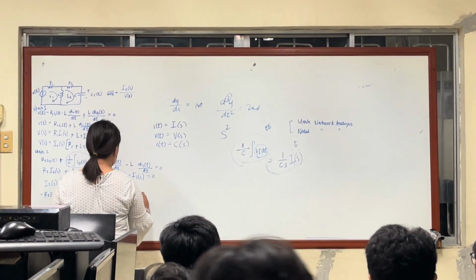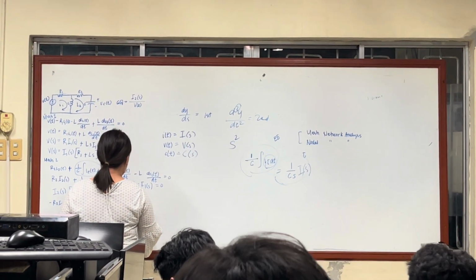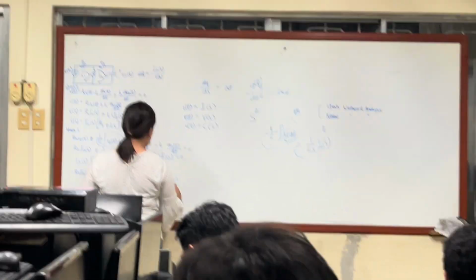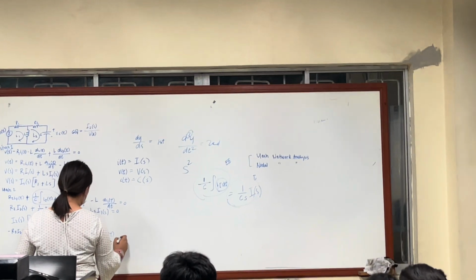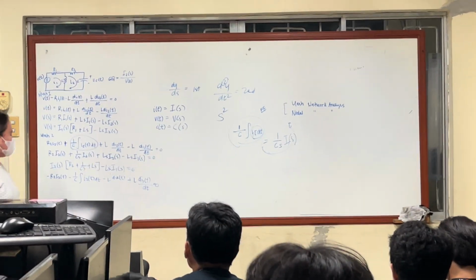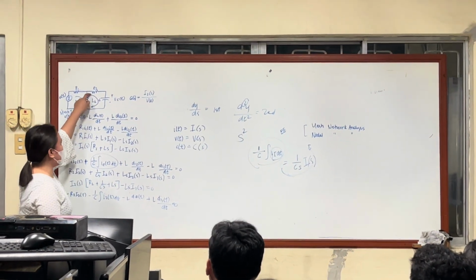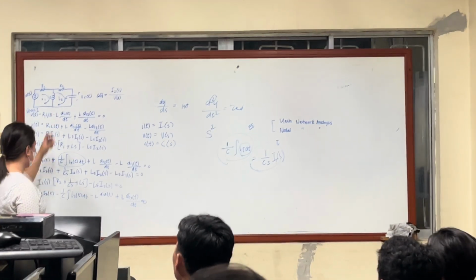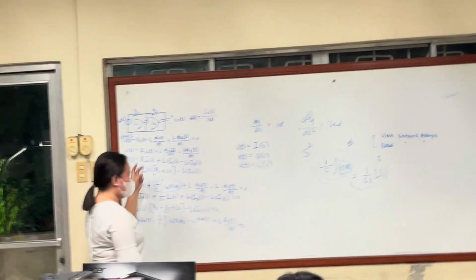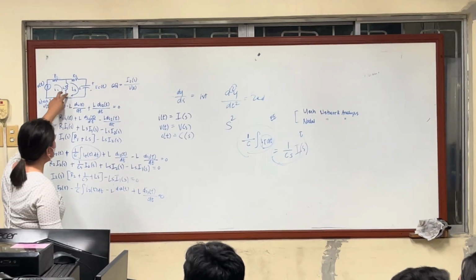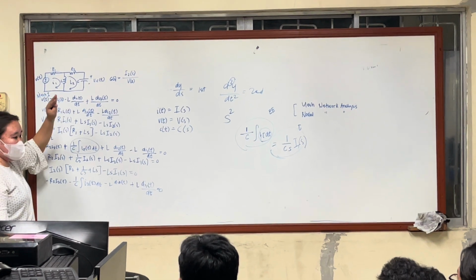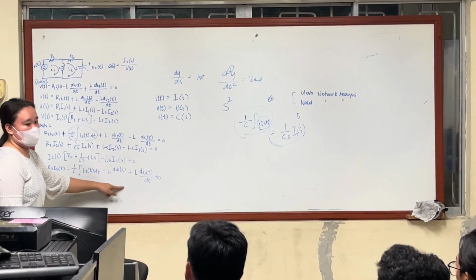Plus L dI1 of T over dT. If you start here, it is minus, because the directions are opposite. Okay, another mesh. If you start here, as is, the common element of the two, you can add it.